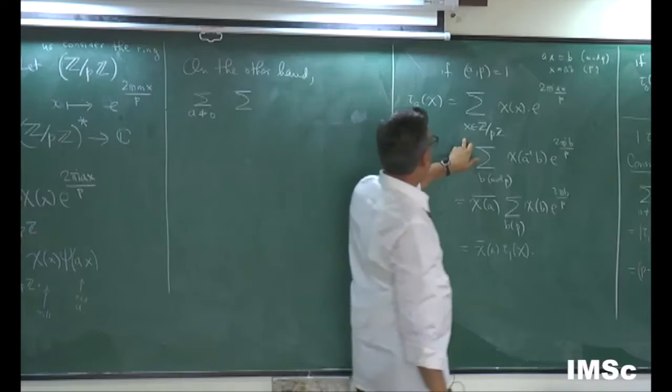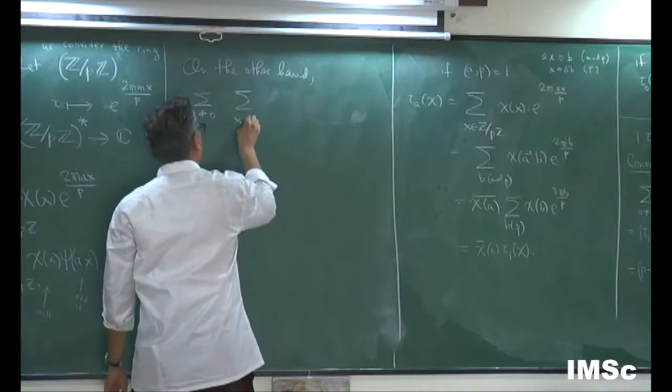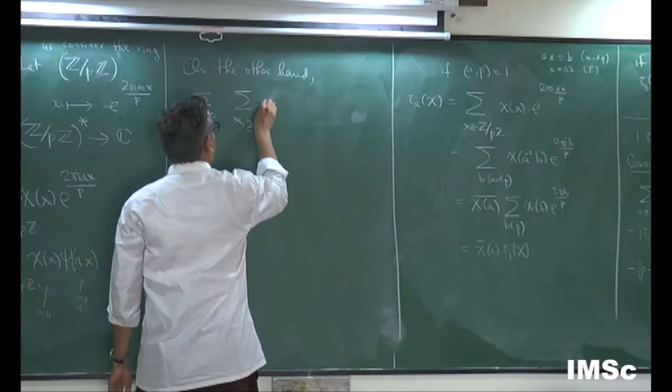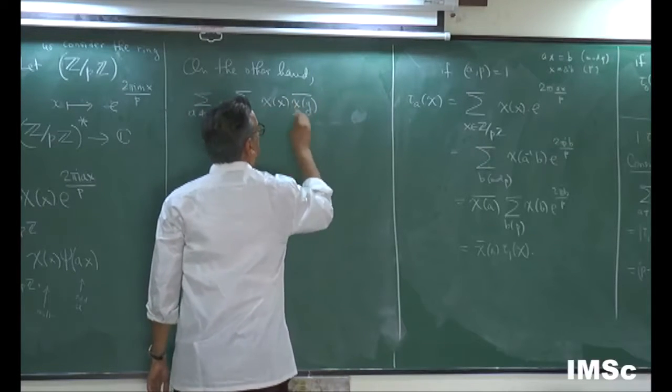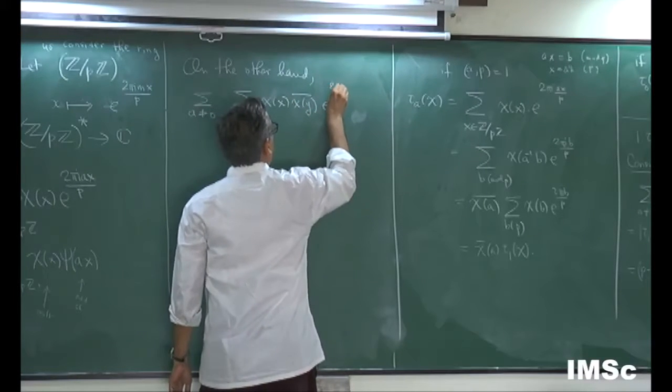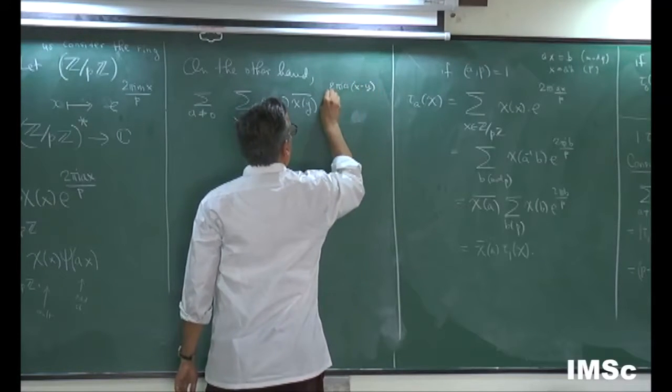I'm going to put x and y, the sum of chi of x, chi bar of y, e^(2 pi i a (x minus y) over p).